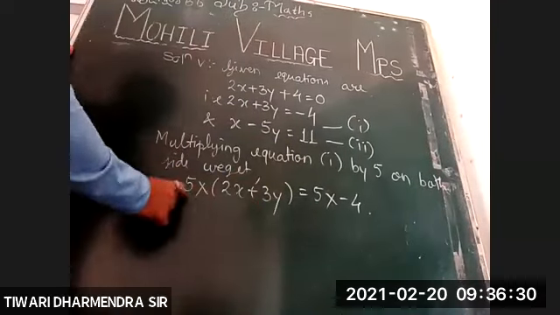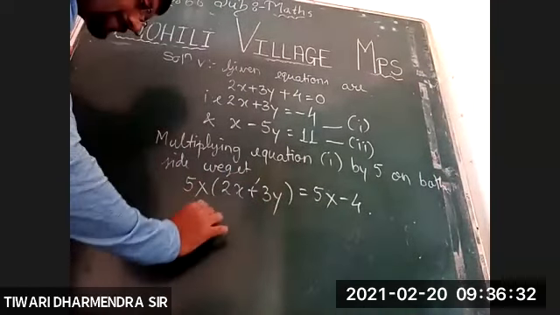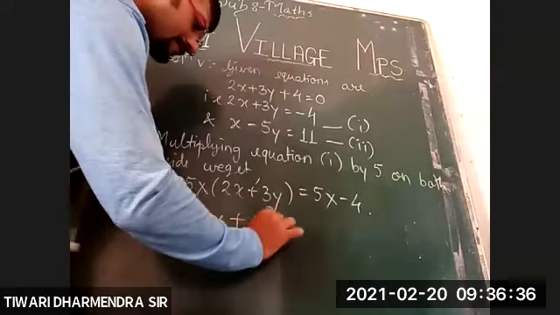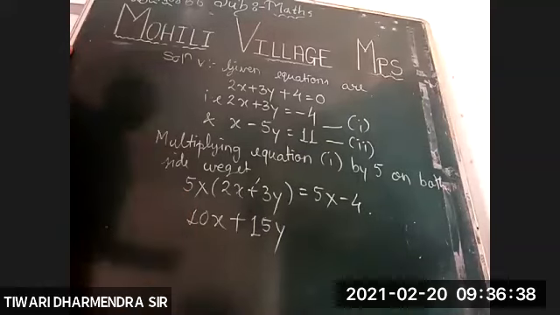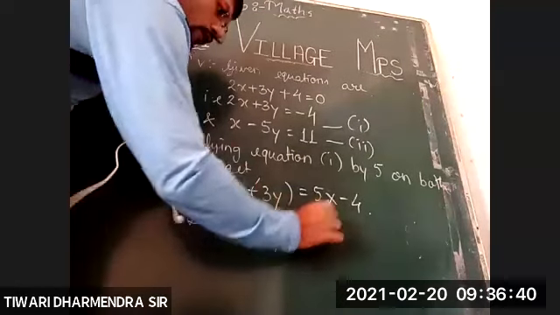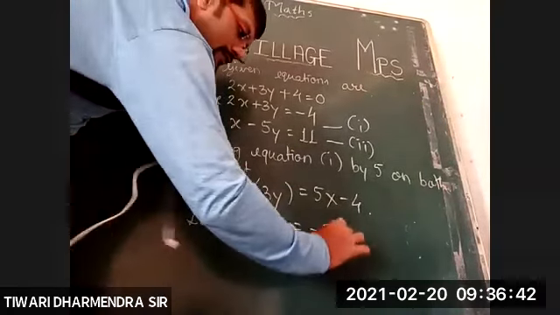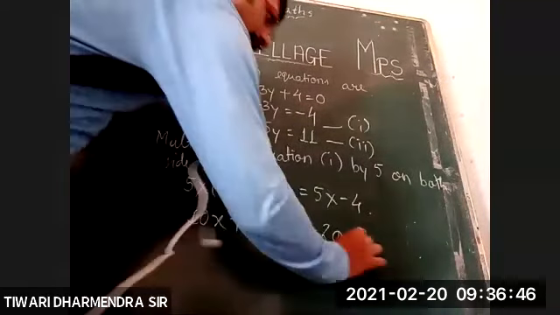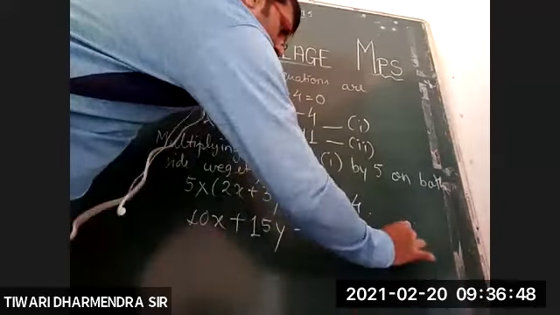So just say the answer: 5 2s are 10x plus 5 3s are 15y is equal to 5 into minus 4, which is minus 20. This is my equation number 3.